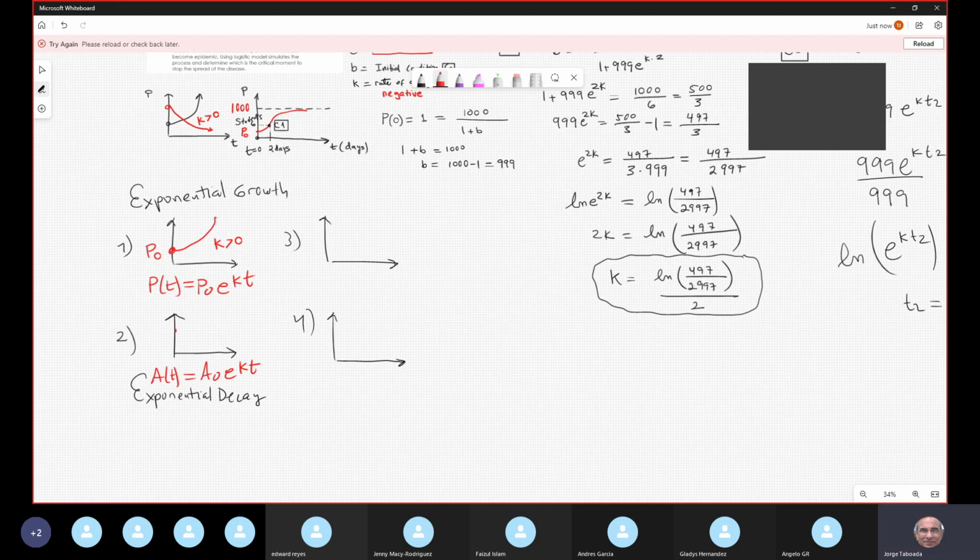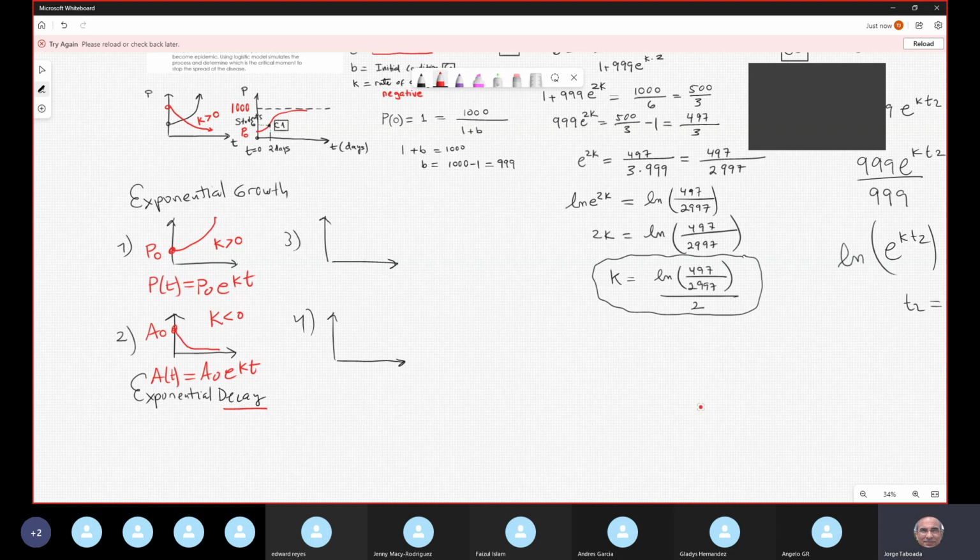A null is the amount of substance, normally expressed in relative units, 100%, and it decreases like that. In this case, k is negative, and the reason is clear: it's decreasing.